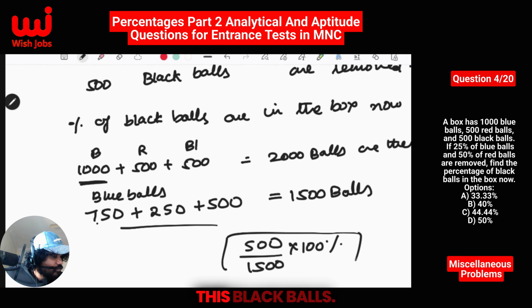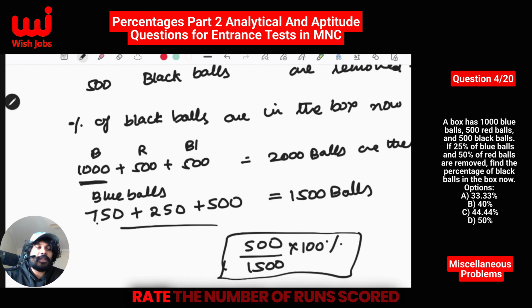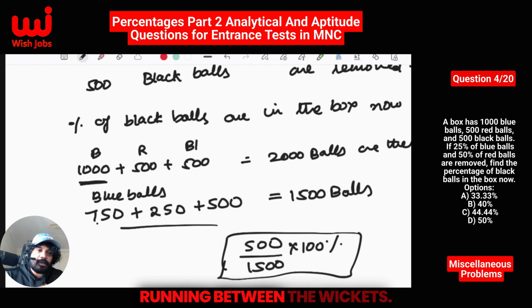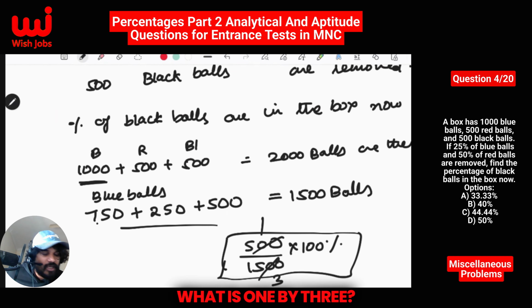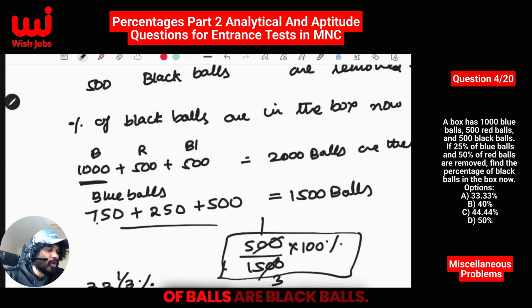You know why we took this? Black balls. In the similar example, we took the number of runs scored running between the wickets, 80 by 130 into 100. In the similar way, 500 ones are 500, 1500 threes are 1500. What is 1 by 3? Convert into percentage: 33 1 by 3 percentage of balls are black balls.